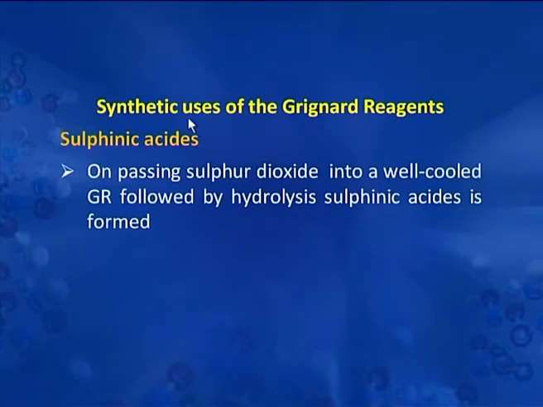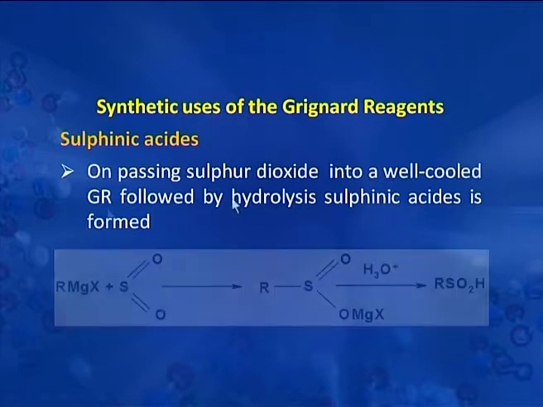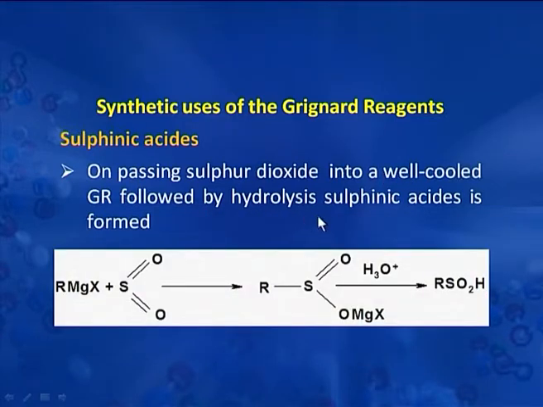We can also prepare sulfinic acid on passing sulfur dioxide into a well cooled Grignard reagent, followed by hydrolysis, and sulfinic acid is formed. This is sulfur dioxide. In this particular reaction, the Grignard reagent must be well cooled.